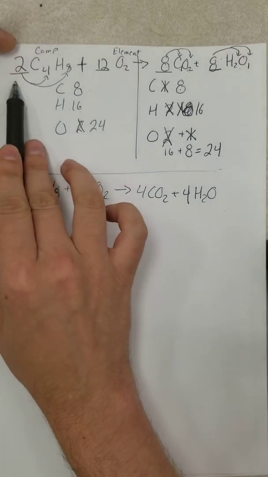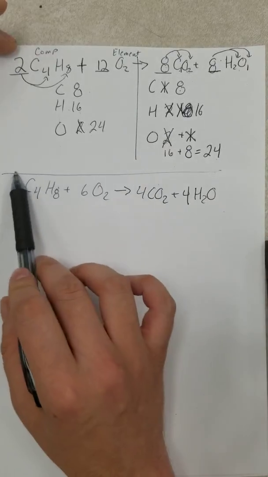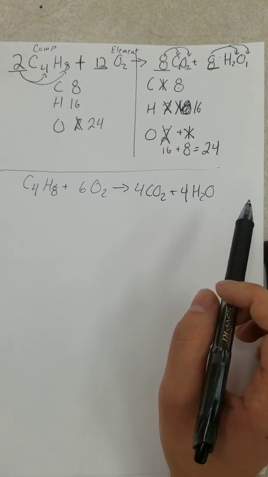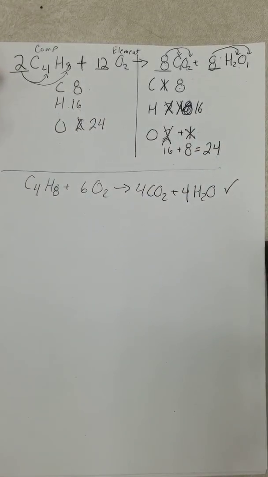We just went through and divided each of our coefficients, the front numbers, by 2 in order to get this. And this reduces everything down to the lowest multiple. So that is our correct balanced equation.